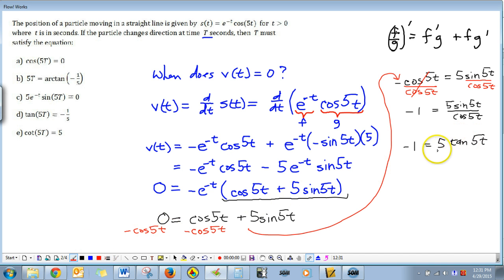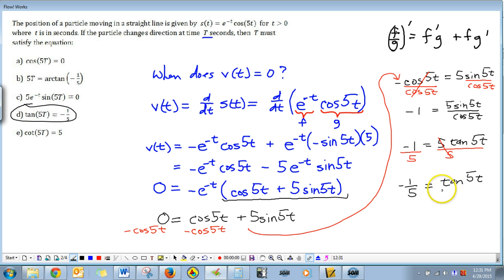And then if I was to divide both sides by 5, these would cancel, and I would get negative 1/5 equals the tangent of 5t, which seems to match up pretty nicely with this one right here.